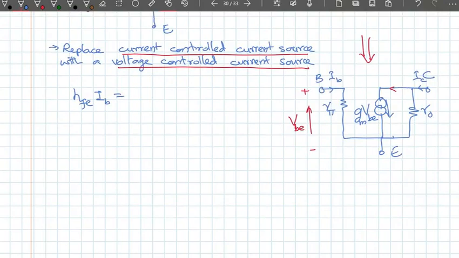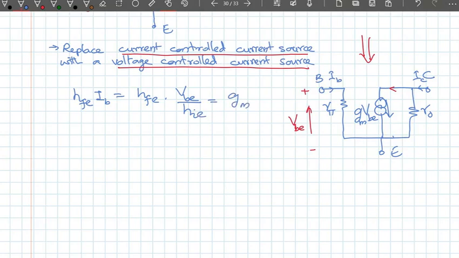So we can say the current IB is equal to VBE divided by the input impedance HIE. Okay, so we have that.